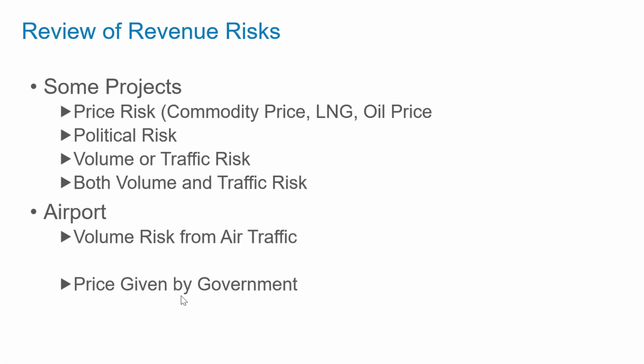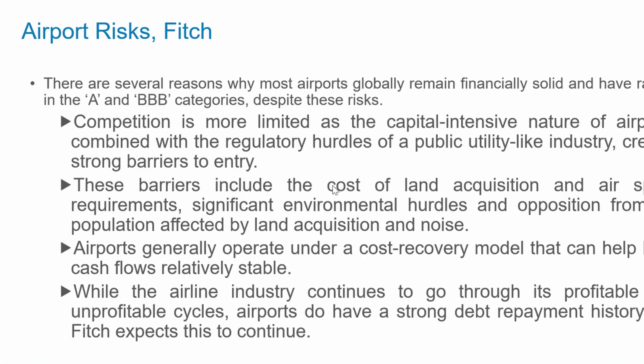So these availability projects or the PPA projects, they might seem like they have no risk, but if we have the gearing up to 85% and the DSCR down to 1.1 or less than 1.1, a very little risk can become a big risk. Well, he was right about that. Some other projects have volume or traffic risk, and that's what we're going to talk about now. Some, like a real estate project or whatever, others might have both volume and traffic risk, okay?